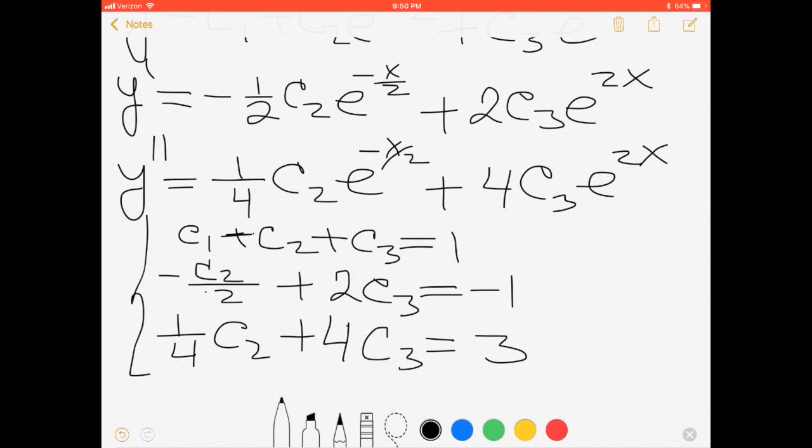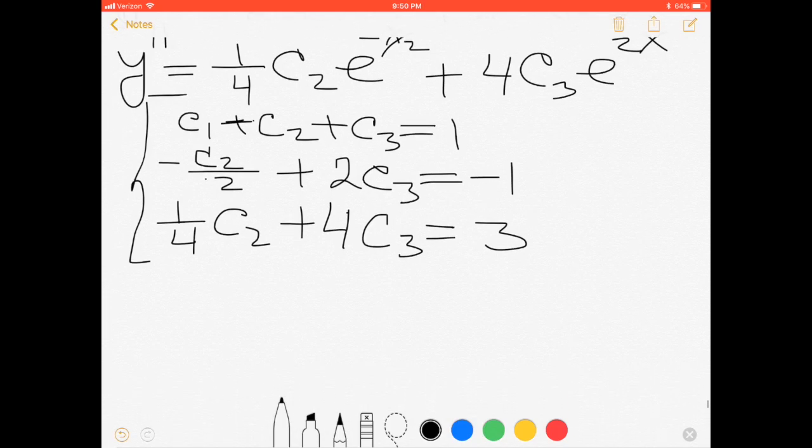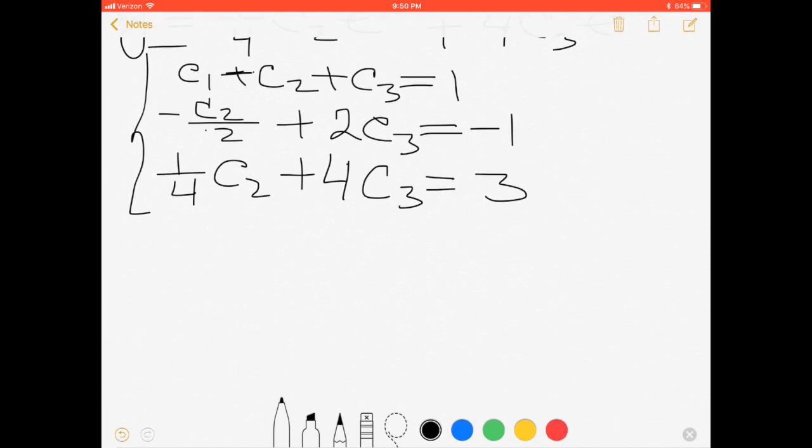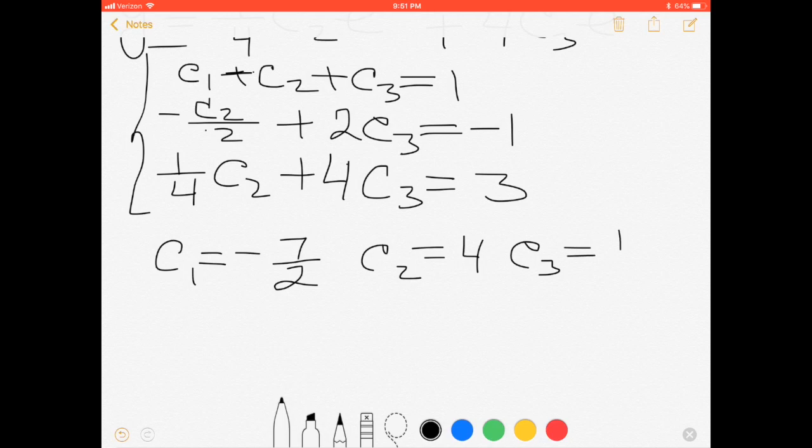Well, here you have a linear system with 3 variables. The easy way, I think, is to multiply, divide by something and simplify. And then if you solve, you have c1 will be negative 7.5, c2 will be 4, and c3 will be 1/2.